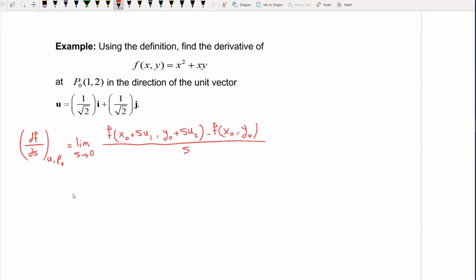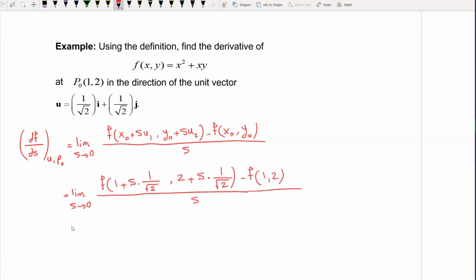By definition, the derivative of f with respect to s in the direction of unit vector u at point p naught is the limit as s approaches 0 of f of x naught plus s times u1 comma y naught plus s times u2 minus f of x naught comma y naught divided by s. Here u sub 1 is the i component of unit vector u, and u sub 2 is the j component of unit vector u.